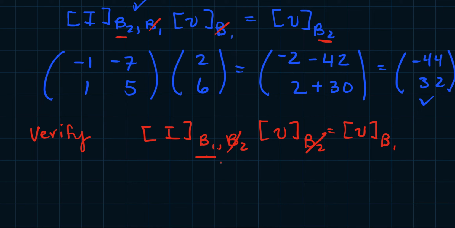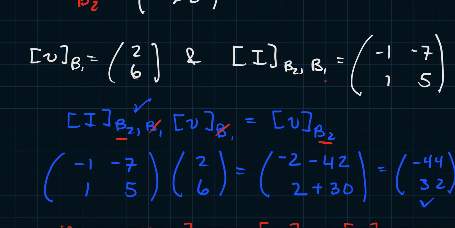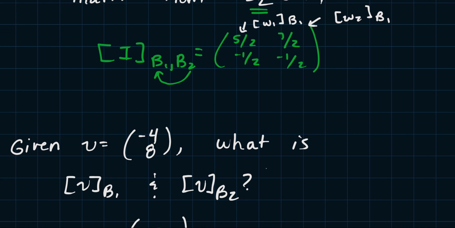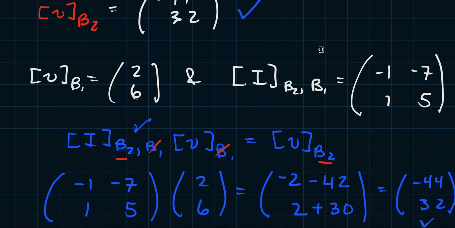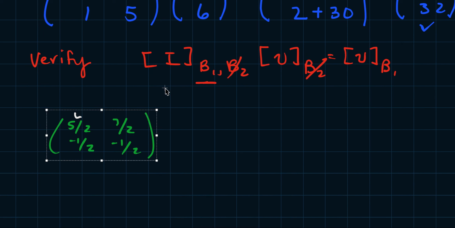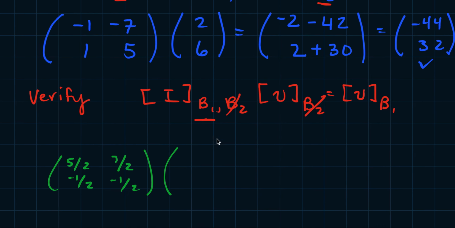Okay, so this matrix, B1, B2, is right here, so I'm going to copy this one. Let's put it right here and multiply it with our large number matrix, -44, 32.